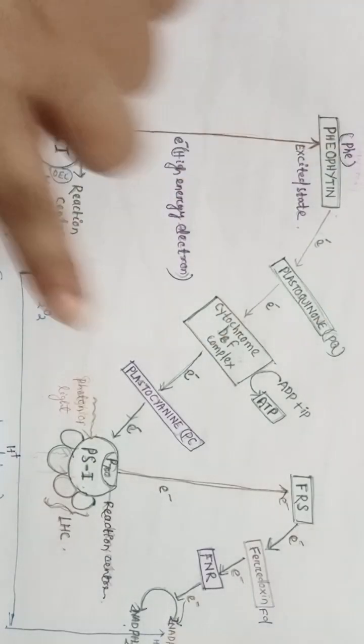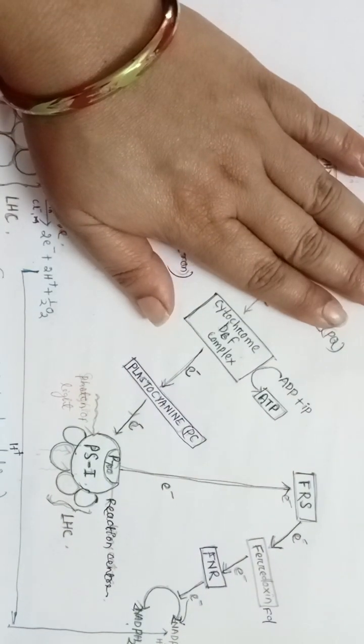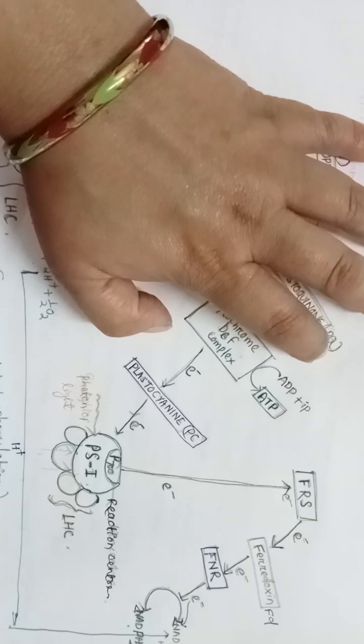In each turn, 1 electron is traveled. Okay? This is the mechanism of non-cyclic photophosphorylation.